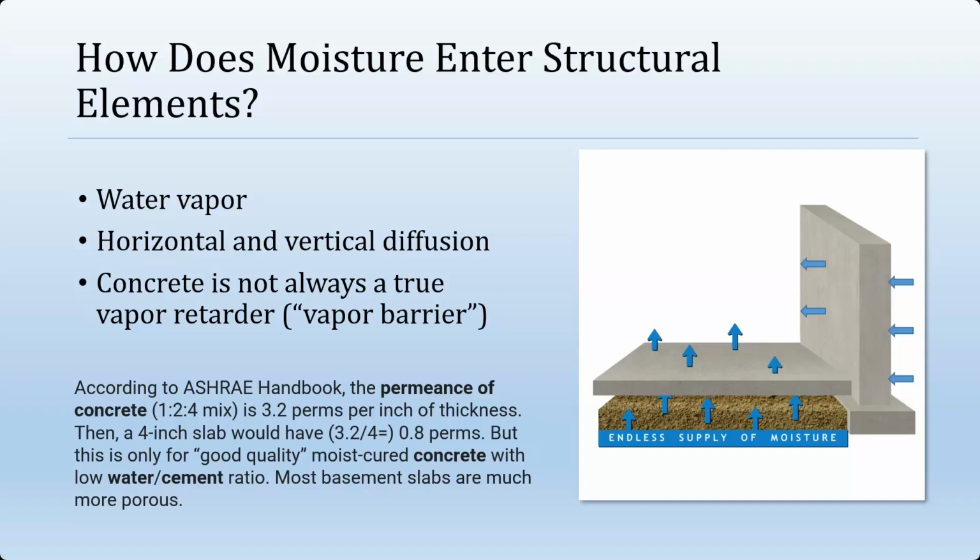Now, concrete can certainly be specified to achieve, and when properly placed, can achieve a reasonably low water vapor permeance. That's likely the exception rather than the rule. So inevitably, we want to certainly protect those sides of the concrete that are in intimate contact with this available moisture source.